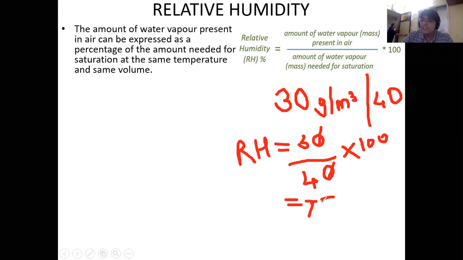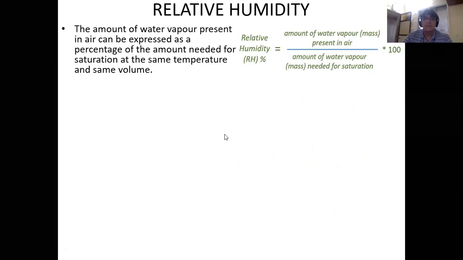It comes to 75%. When you calculate this, you will come across this. So what is the relative humidity of this example? The relative humidity of this example is 75%. It is expressed in percentage.